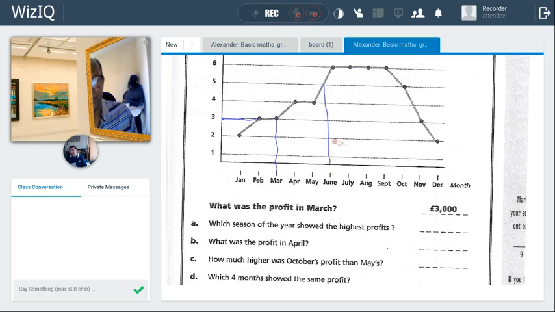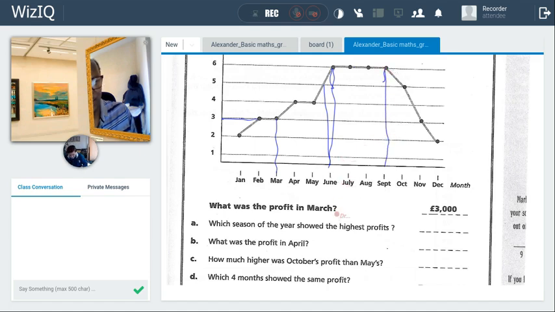I don't think it's straight. I have it on paper, so I can do it. Yeah, draw it on your paper, use a ruler. The 4 dots on the 6,000 line correspond to June, July, August, and September. Okay.